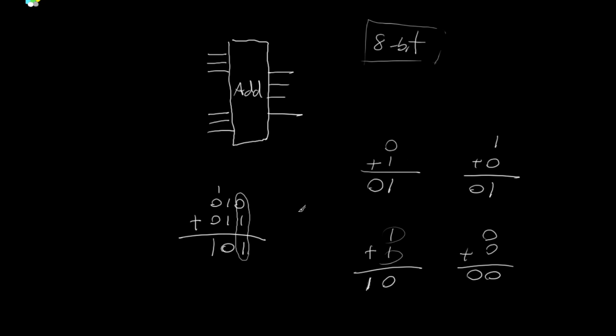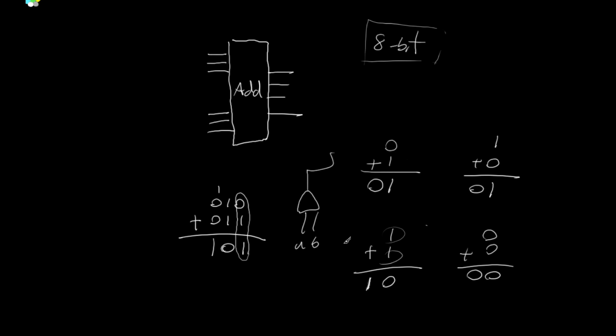It's just A and B, and that gives you this output. That's pretty simple. This one is a little more complicated. Here if it's a 1 and 1, 0. If it's a 0 and 0, 0. But if it's a 1, 0, or a 0, 1, it's a 1.